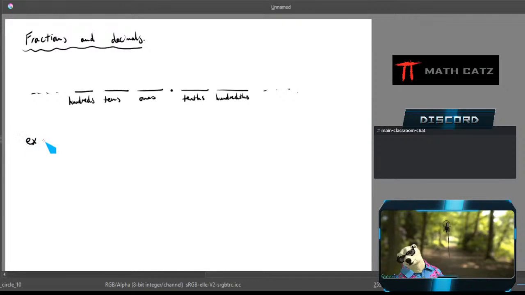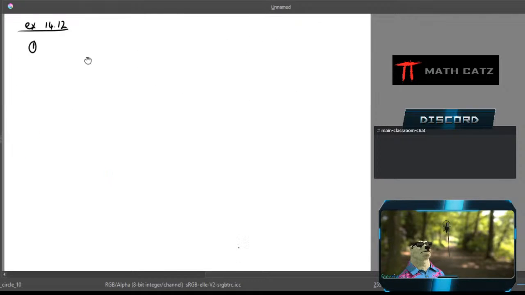That's exercise 14.12, number 1. We have 5/20. We're not changing the quantity that it represents, we're changing the representation.